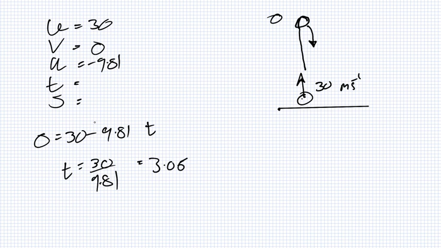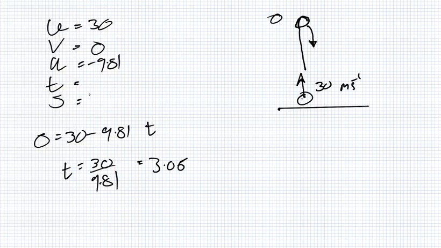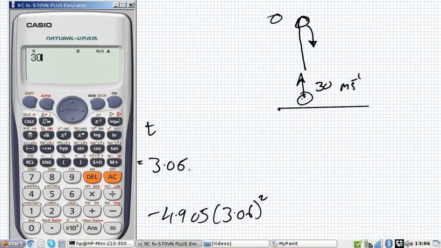Let's get the S, which will be UT plus a half AT squared. So here that would be S equals, to the maximum, UT plus a half AT squared.